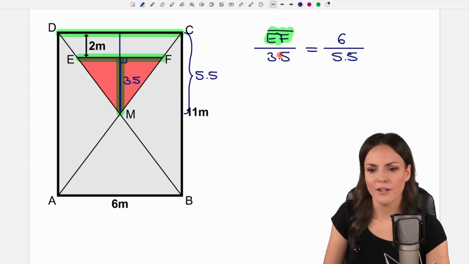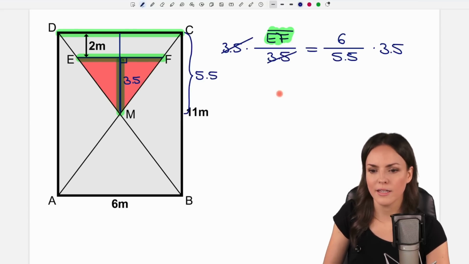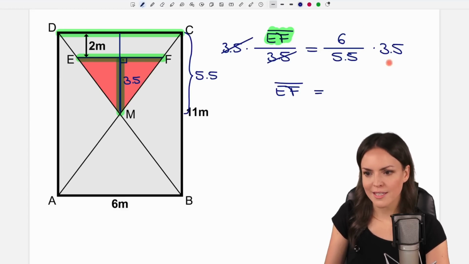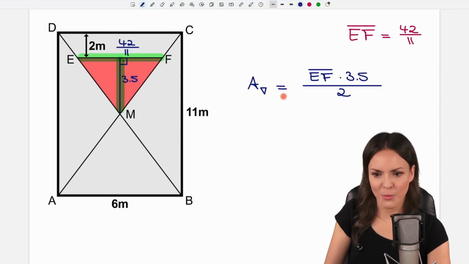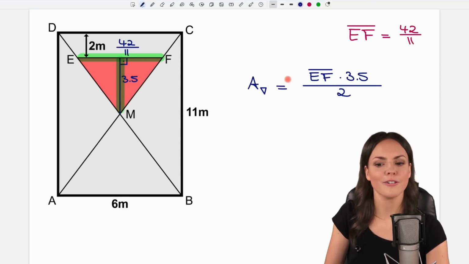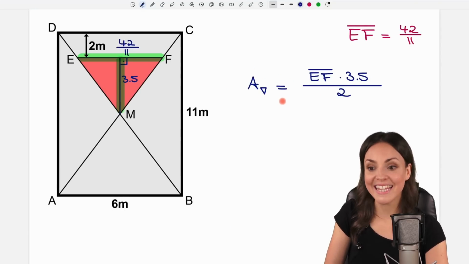We just have to get rid of the 3.5, so we multiply by 3.5 on both sides. Here it cancels out and only the length of EF is left. And on the other side, we can put this in a calculator and get the result of 42/11. This is the length of our side EF. We go back to our area of our triangle where we want to find this.